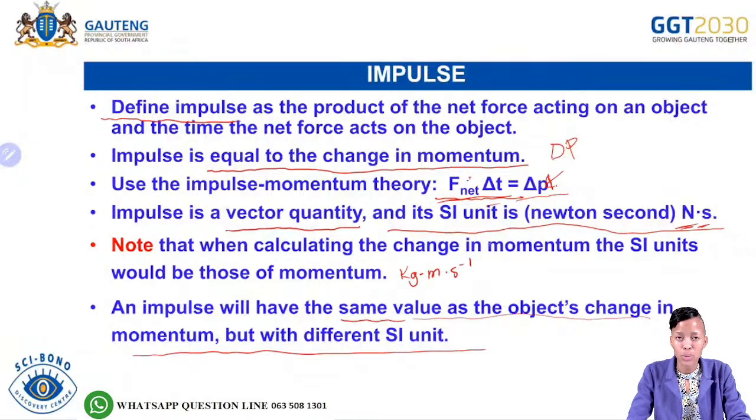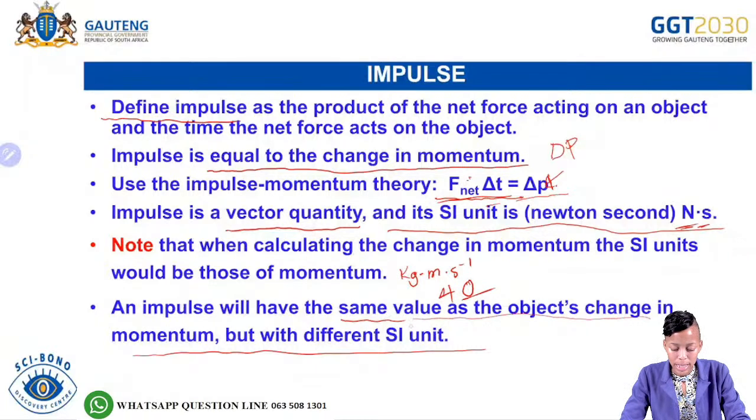So let's say, for example, your answer is 40. We are saying that the impulse will have the same value, so meaning the very same 40 would be the value of impulse, but you will have different SI units.